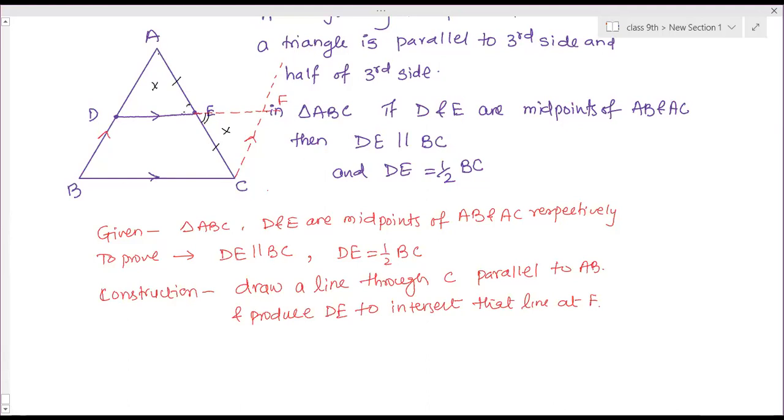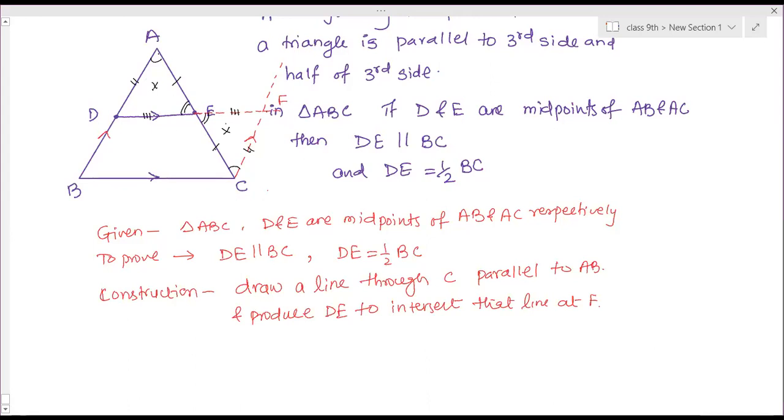Then this angle is equal to this angle, vertically opposite angles, and angle A is equal to angle C, alternate interior angles because CF and AB are parallel. So by ASA criteria, the triangles are congruent and therefore CF is equal to AD by CPCT, and as well as DE is equal to EF by CPCT.